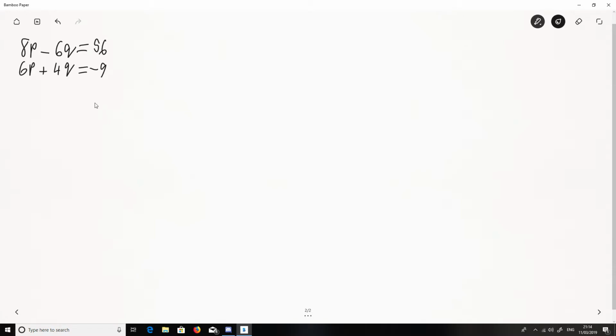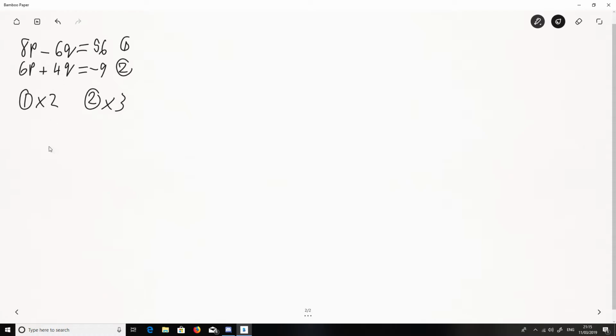We want to cancel out a variable. In order to do that, we look for the lowest common multiple. In this case, we can cancel out these q's if we make both of these in terms of 12q. To do that, we need to do equation 1 times 2 and equation 2 times 3.